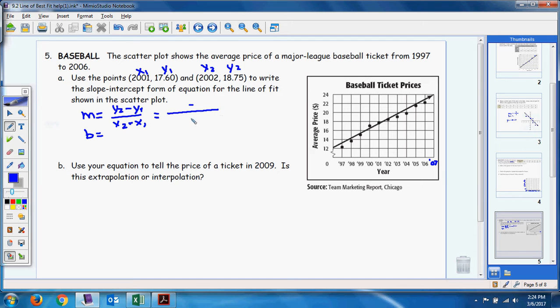All right, so I'll give you guys a moment to go ahead and plug those numbers in like we've done before to try and find the slope. Remember, plug your numbers in, please.